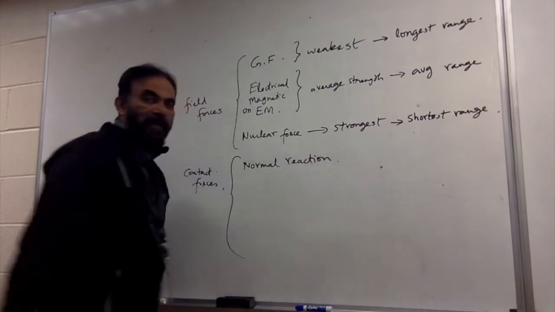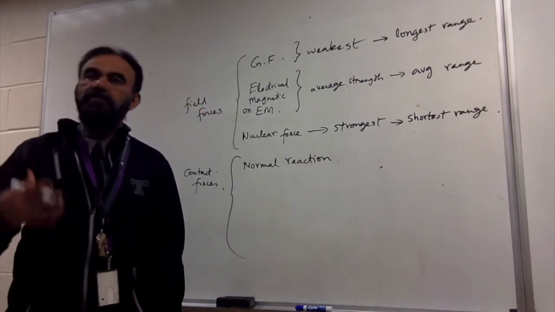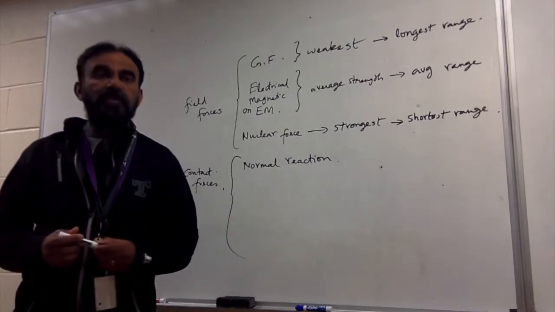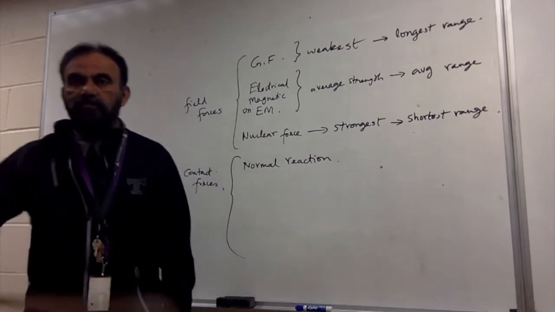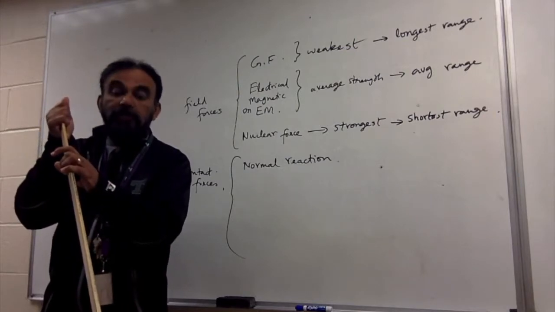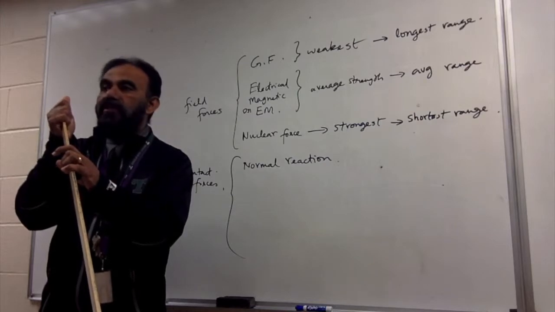The word normal implies perpendicular. In math, normal means perpendicular. So normal reaction means it's a perpendicular force from the surface on the object. So if I keep this meter stick pressed like that on the table, I'm pushing the table down, right? Where is the normal reaction?